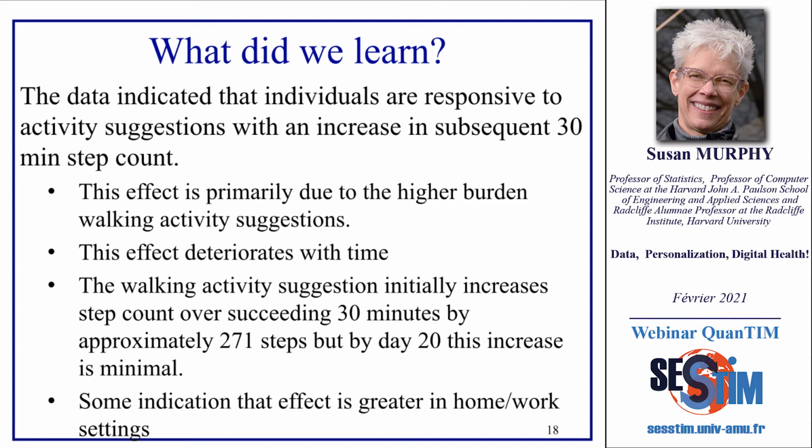The idea was that when there are indications that an individual is starting to become less responsive to a walking activity suggestion, this algorithm should reduce the chance that the individual gets an activity suggestion and allow, therefore, dishabituation. That is, allow the individual to become once more sensitive to the stimuli of a walking suggestion.